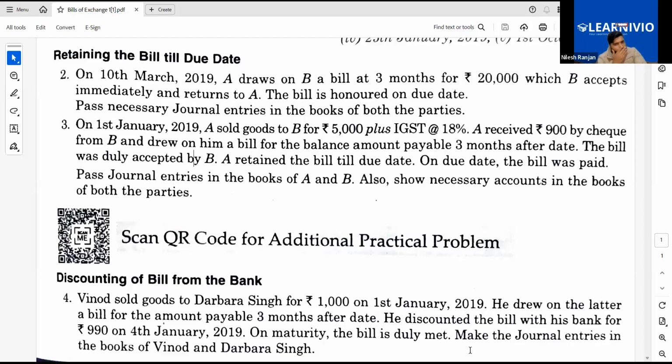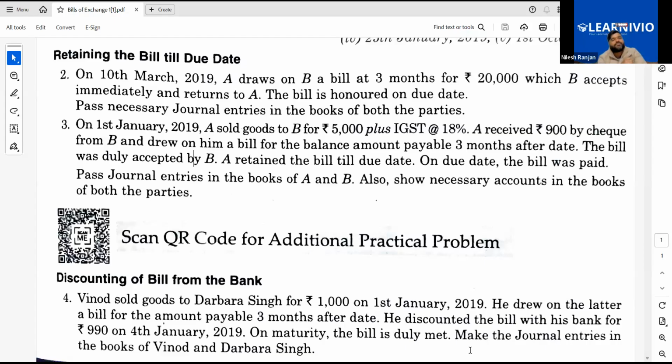And there will be no entry in the drawee books, for Darbara Singh. And for receipt/payment of bill amount, it will be cash account debit to bill for collection account. And for Darbara Singh, it will be Vinod account debit to cash account.